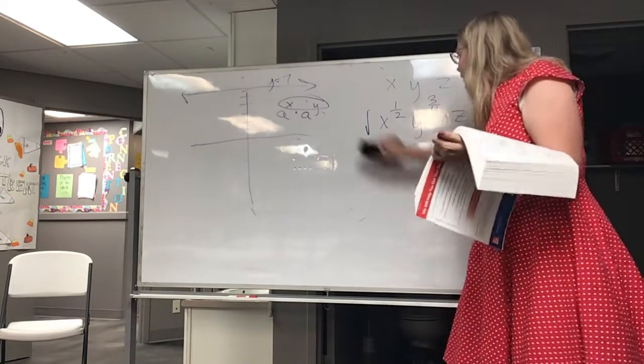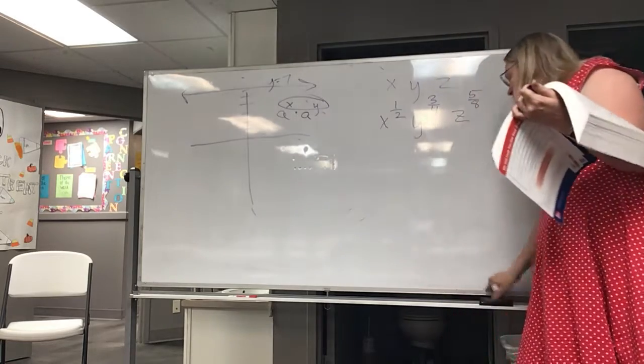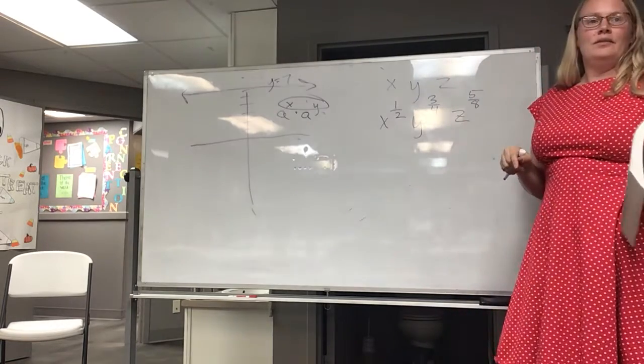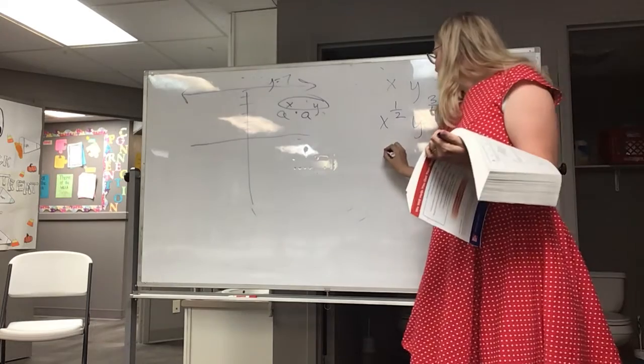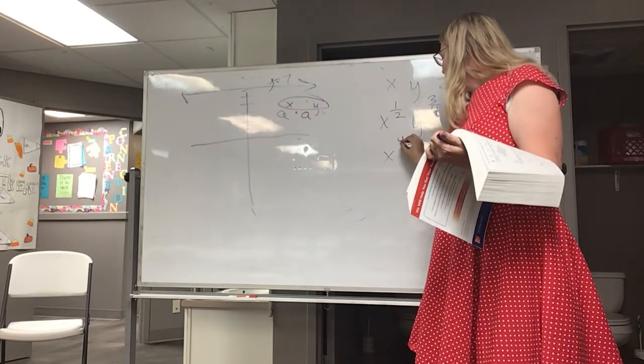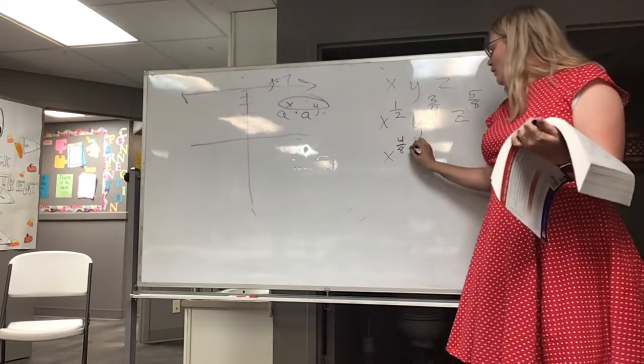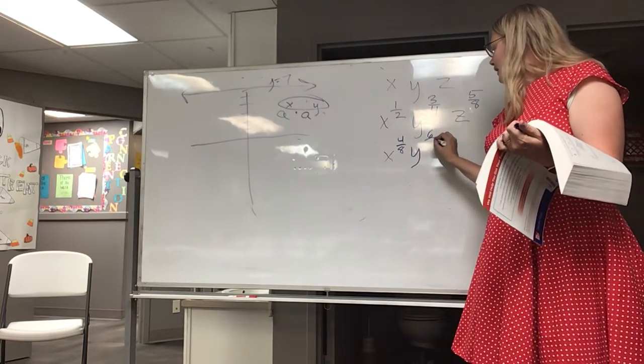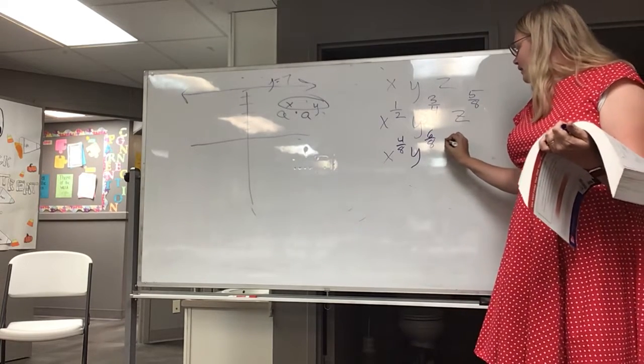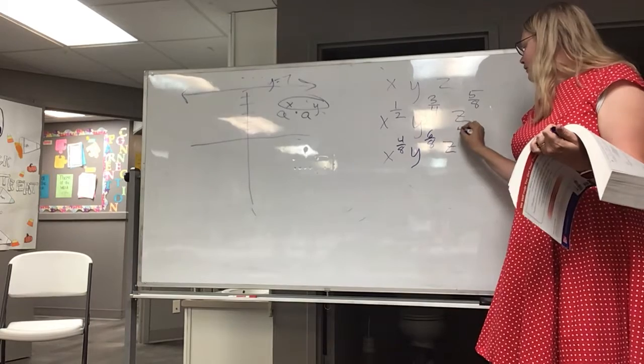So what is the common denominator of 2, 4, and 8? 8, great. So we have x to the 4/8, y to the 6/8, and z to the 5/8.